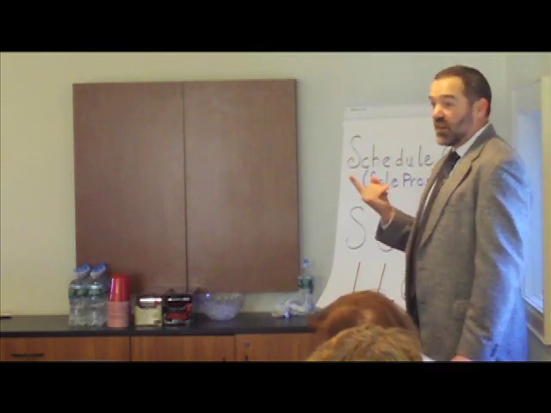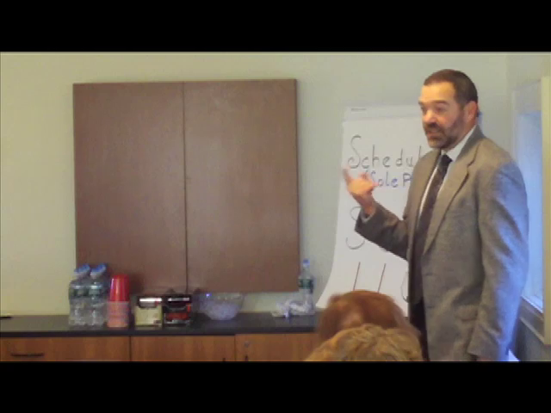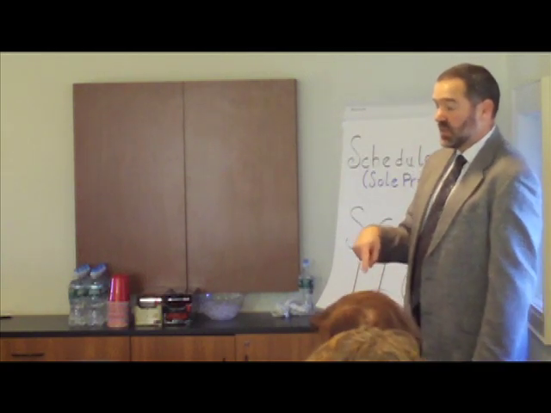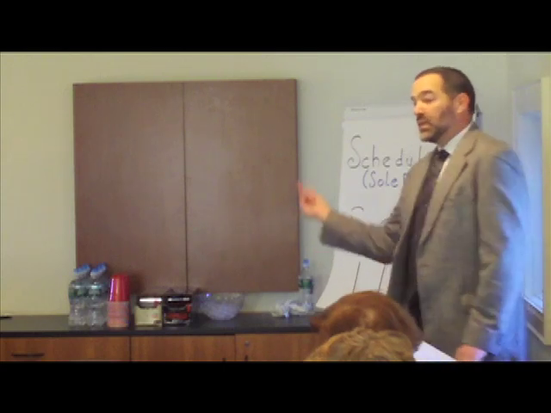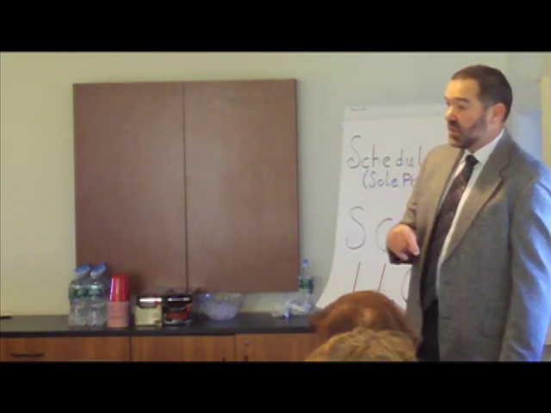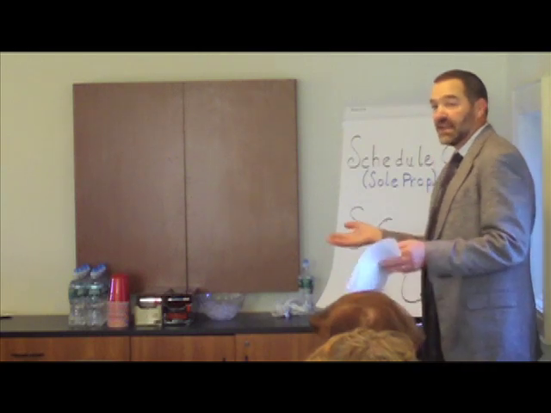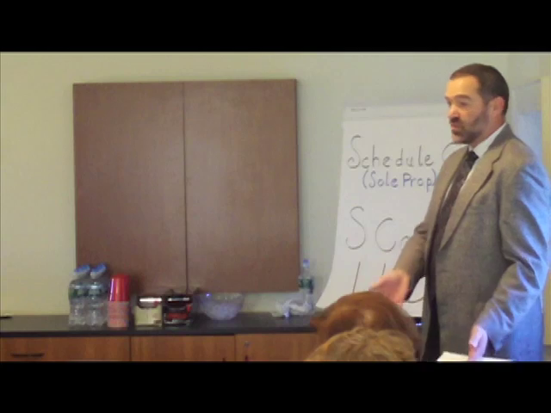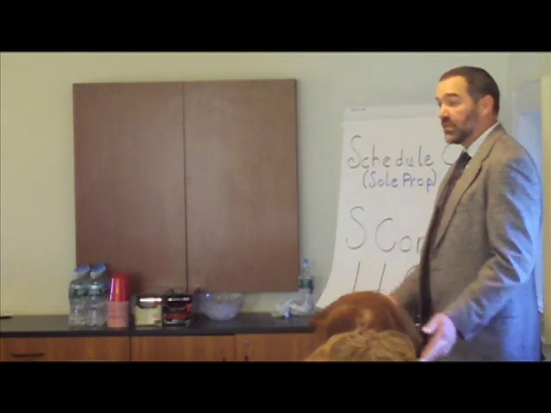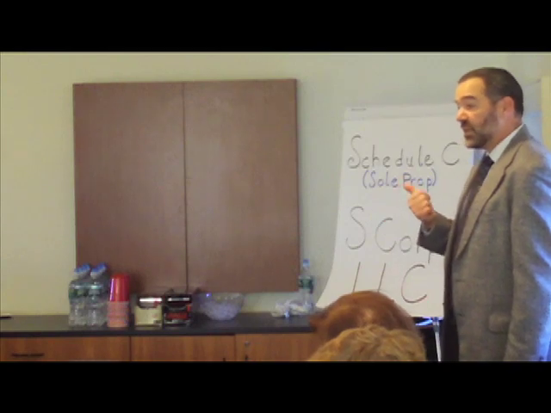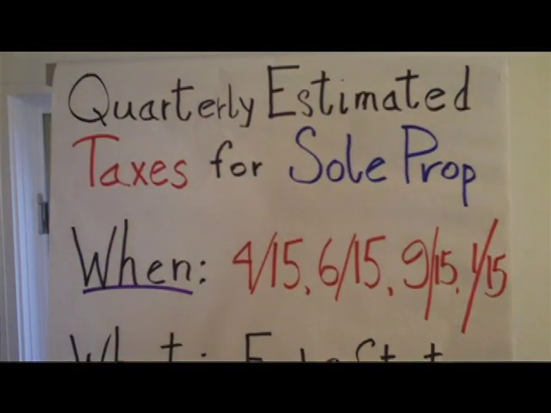You can be disregarded as a legal entity for tax purposes, which means that you would just file a Schedule C and the net income of the business would flow through your personal tax return. A single member can also elect to be a C or an S Corp.